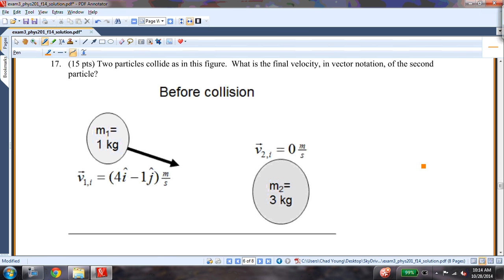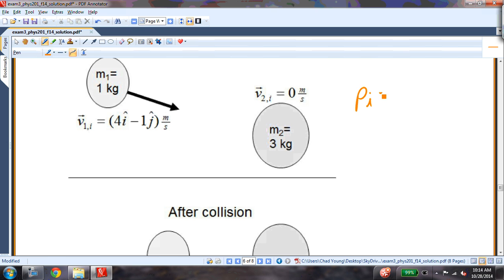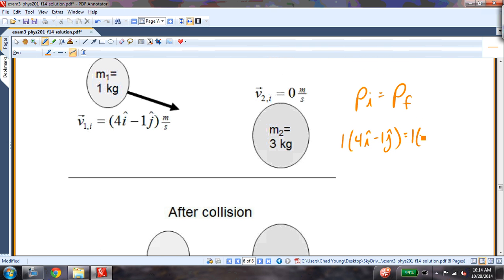Two particles collide. What is the final velocity of the second particle? So here I say p initial equals p final. I have 1 times 4i minus 1j, plus the momentum of this particle, which is 0 conveniently, equals 1 times negative 3i minus 2j, plus 3 times vx i plus vy j.